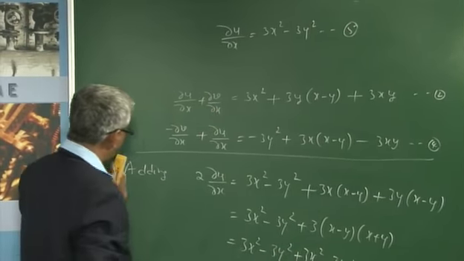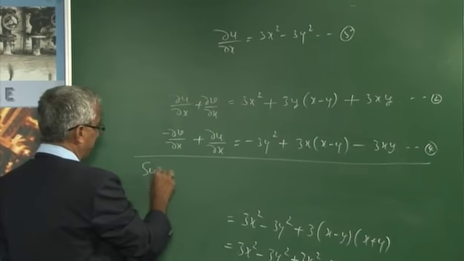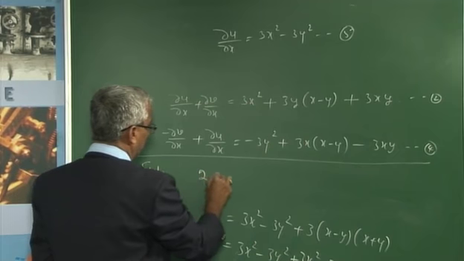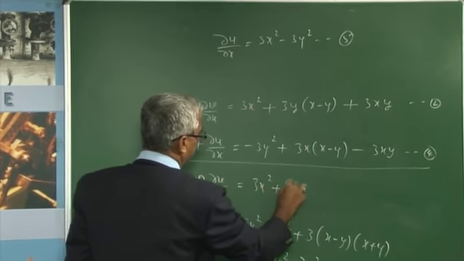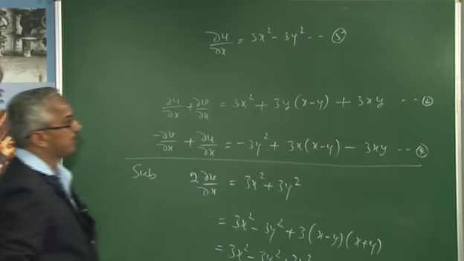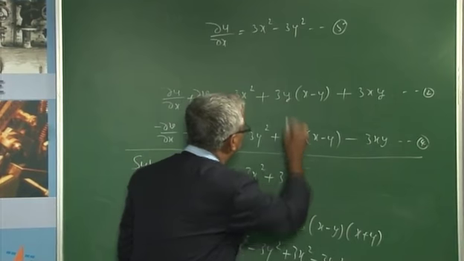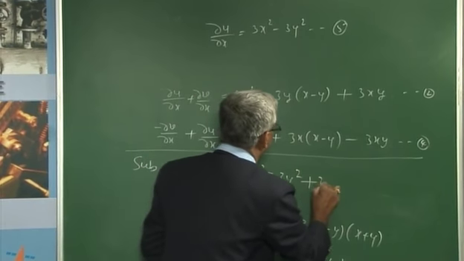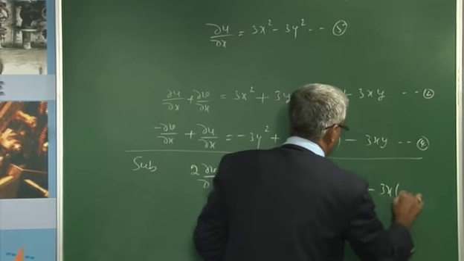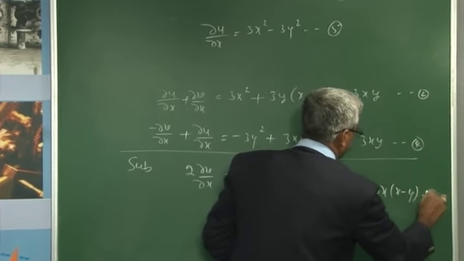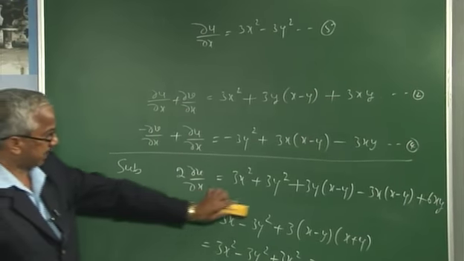Now, adding this we get this one, subtract this, I get 2 dou v by dou x, that gives 3x squared plus 3y squared. If I subtract this, I am going to get 6y, and here I can get plus 3y into x minus y minus 3x into x minus y plus 6xy plus 6xy.